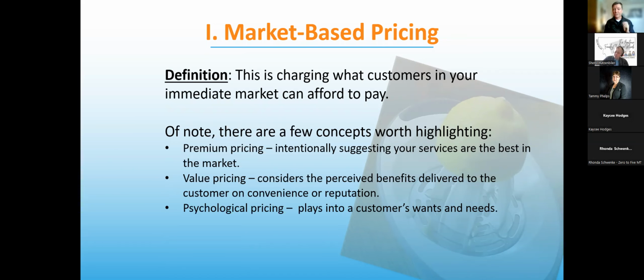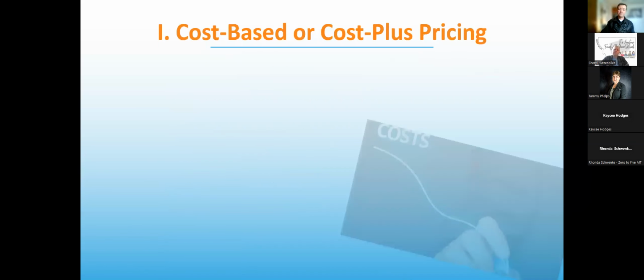Value pricing considers the perceived benefits delivered to the customer based on a variety of different things. And then psychological pricing plays into a customer's wants and needs. You can kind of see where there's overlap on the marketing strategies here. Again, market-based pricing, what your customers can afford to pay in this market.